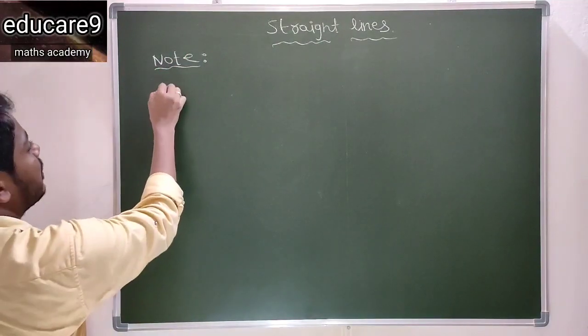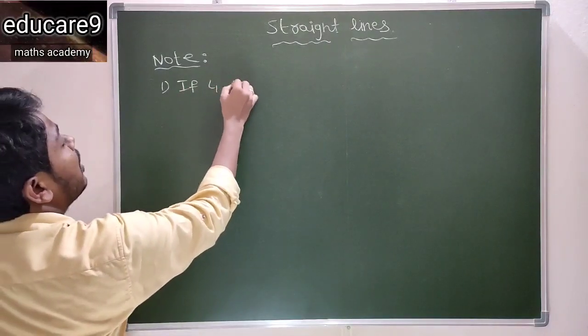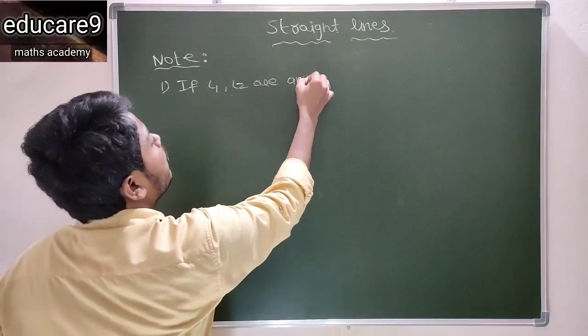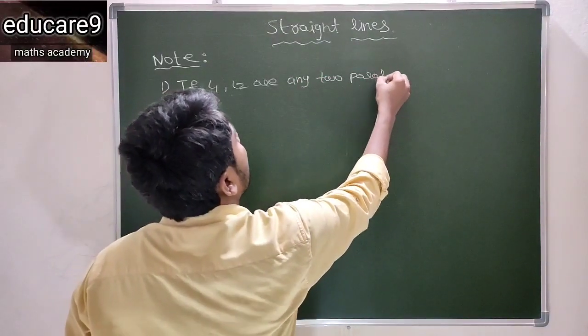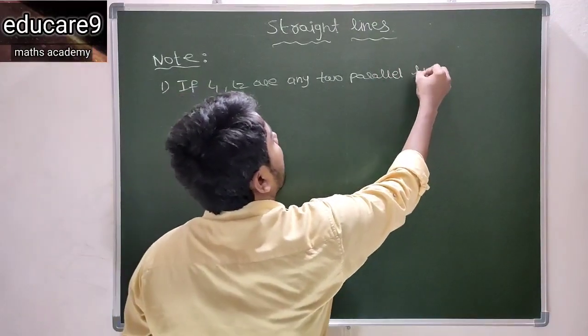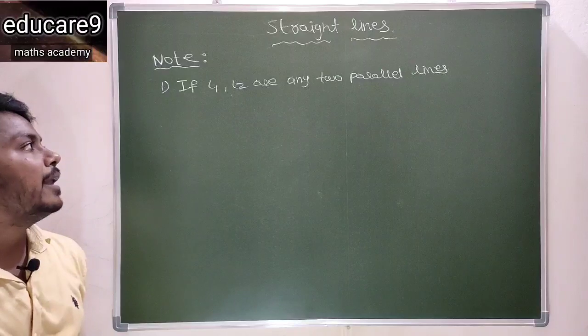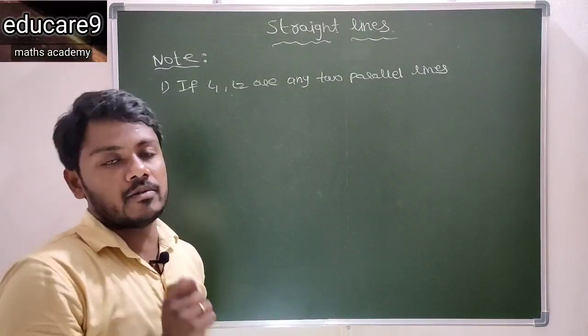First one: if L1 and L2 are any two parallel lines, then the slopes of these two lines are equal.